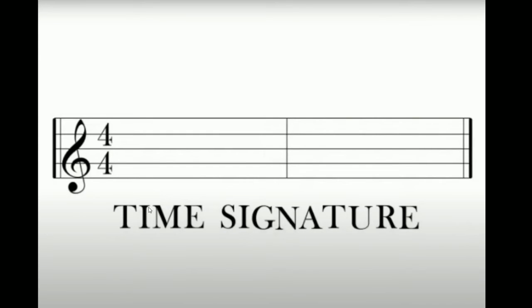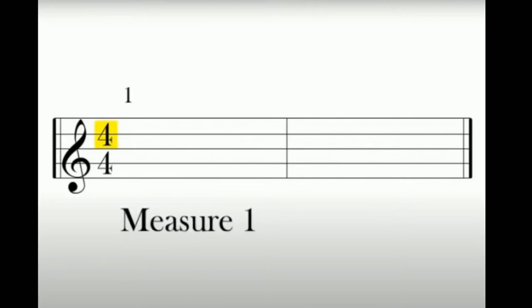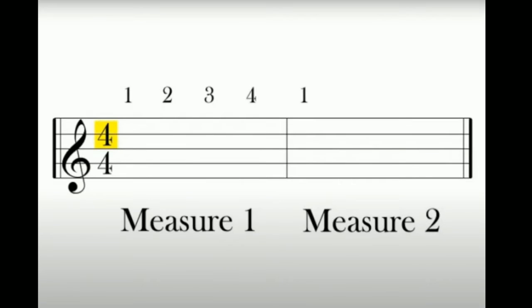This one is a 4/4 time signature, which means that the top number is 4, which means that the measure gets 4 equal beats in the measure. 1, 2, 3, 4. 1, 2, 3, 4. Right?